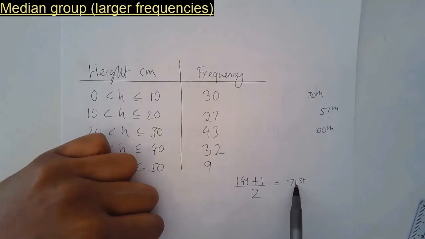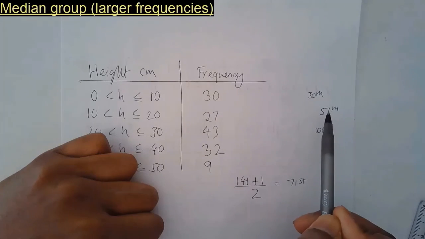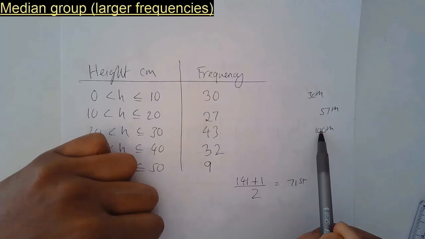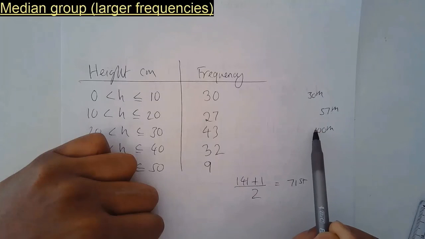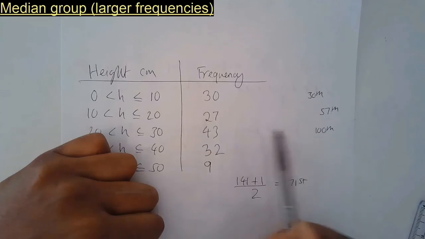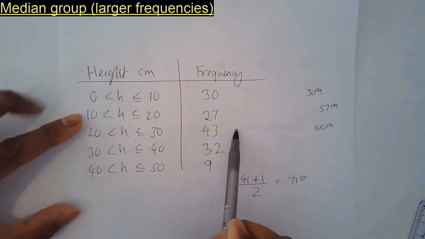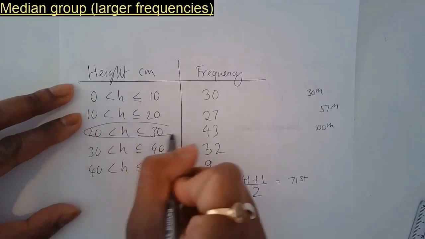Now 71st value is certainly after the 57th value, and it's definitely before the 100th value. So the 71st value lies somewhere here. It's one of these dots. So your median group would be that one. That would be the answer.